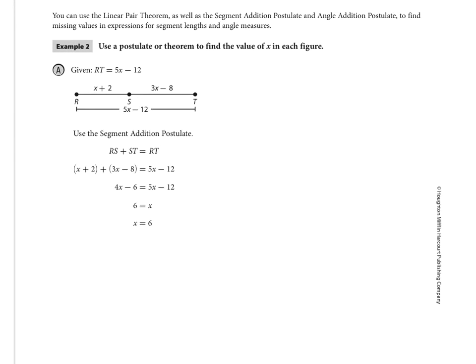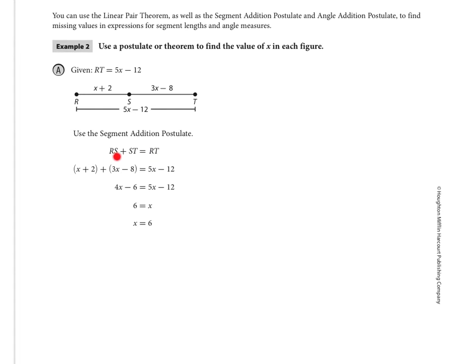So it says, given that RT is 5x minus 12, RT meaning the whole entire distance is 5x minus 12, that's why you see this whole distance labeled there, use the segment addition postulate, RS plus ST equals RT, to basically solve for x. So all we have to do, you guys, is substitute the algebra label for each piece and make an equation out of it with x.